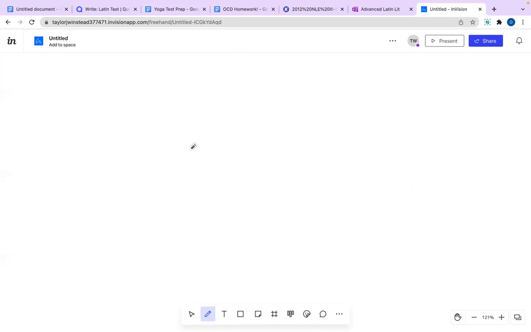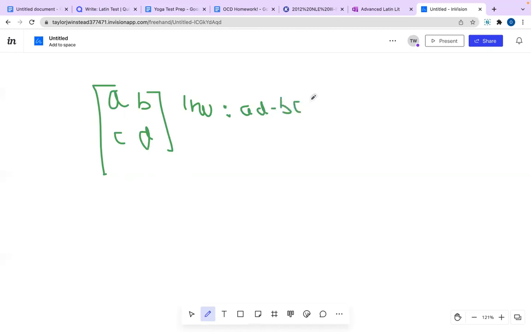So I'll give the theorem here, and then I'm going to cut us off and come back with the next video that will go a little more into geometrical interpretation. So our theorem: if we've got the matrix A, B, C, D, it's invertible if and only if AD minus BC does not equal 0.